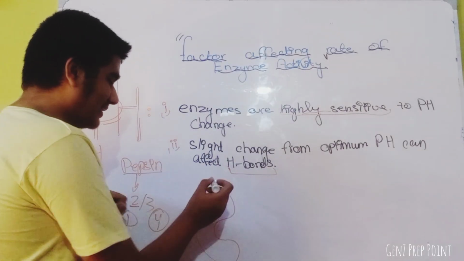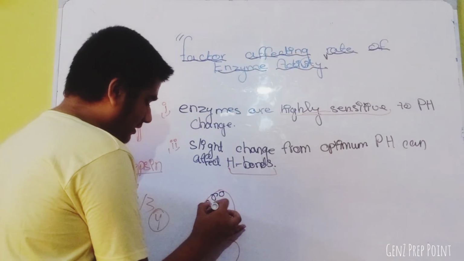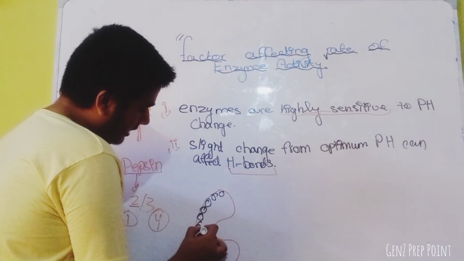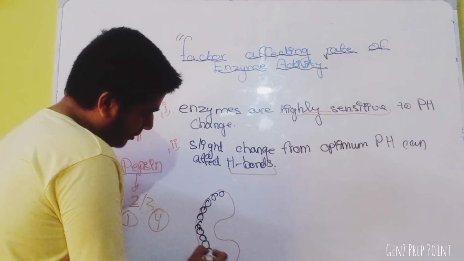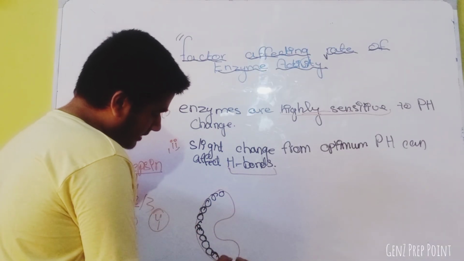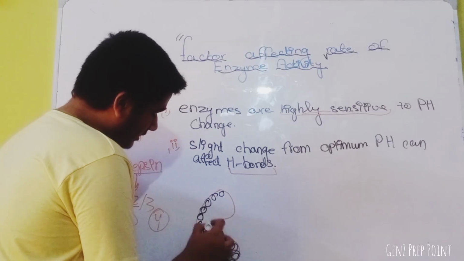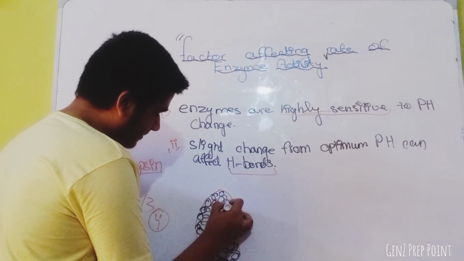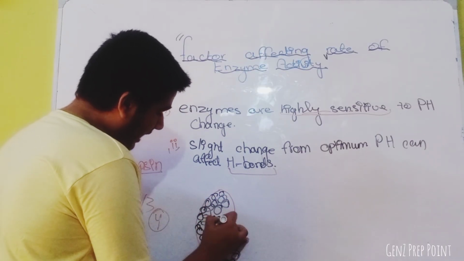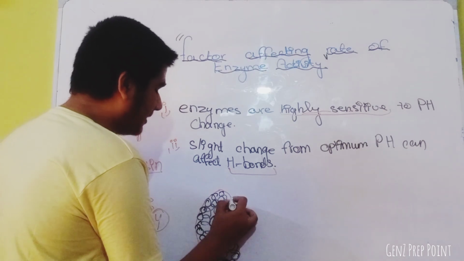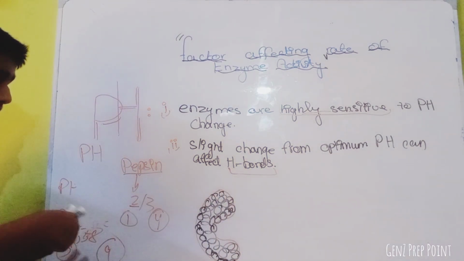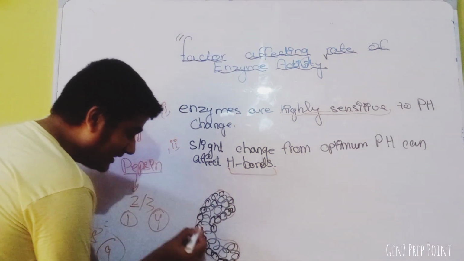We know that enzymes are made of proteins, thousands of molecules of proteins. Now, what is the thing that keeps these protein molecules together? Why are they together?